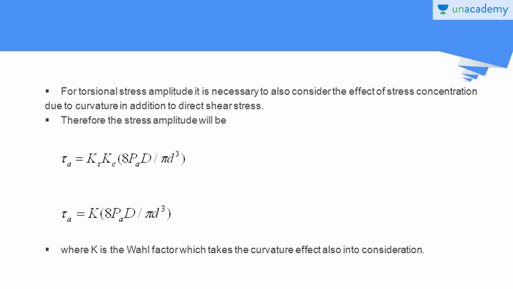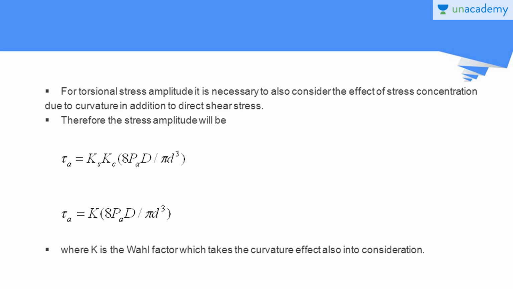As you can observe here, we have another correction factor, the curvature correction factor Kc. The product of Ks, the stress concentration factor, and Kc, the curvature correction factor, is given by K, which is called the Wahl factor.